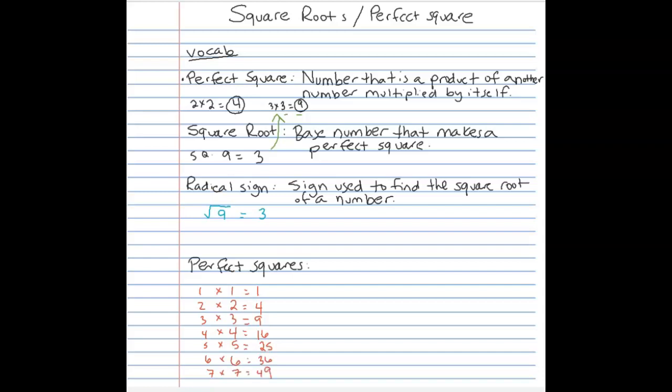Let's do the opposite. Square root of 1, square root of 4, square root of 9, square root of 16, the square root of 25, of 36, and of 49.